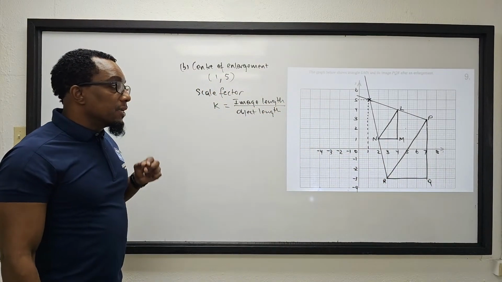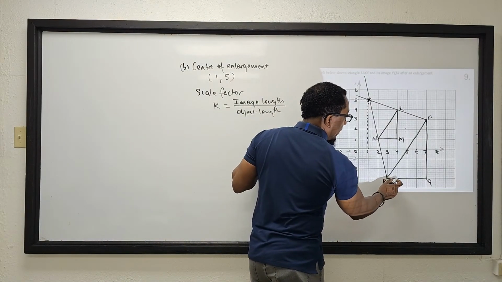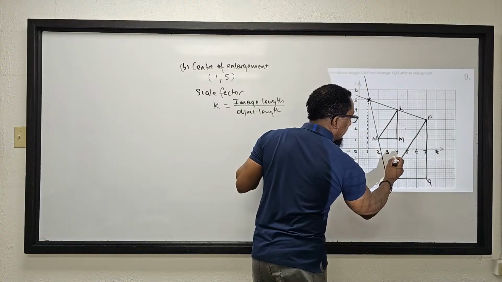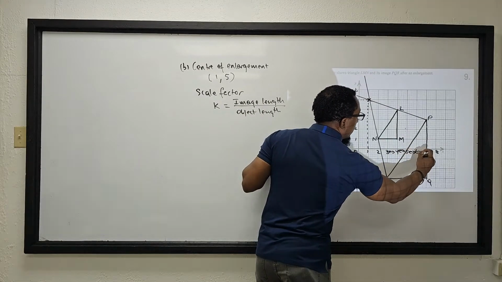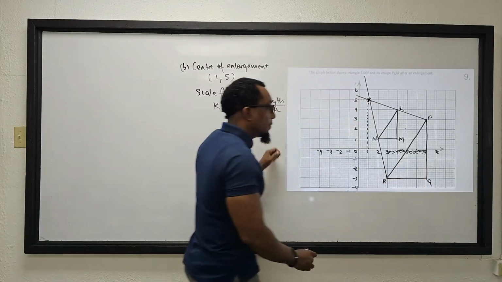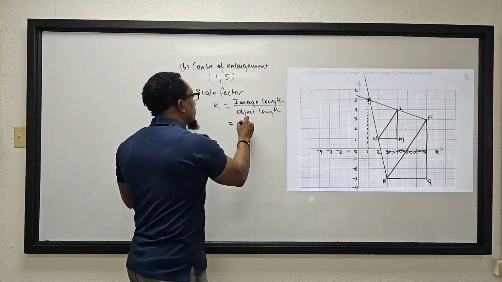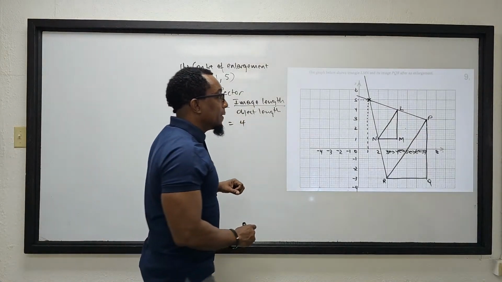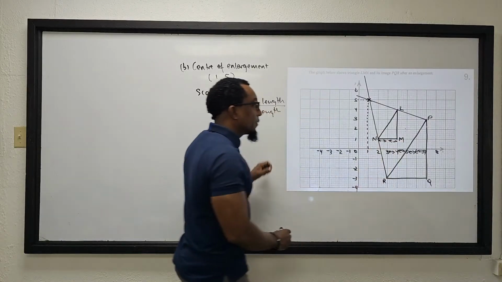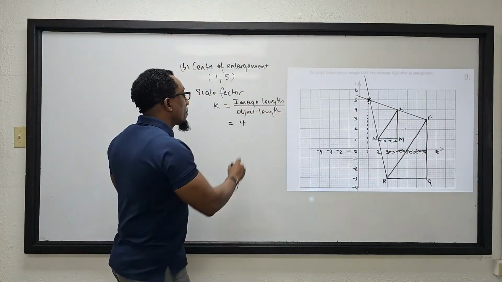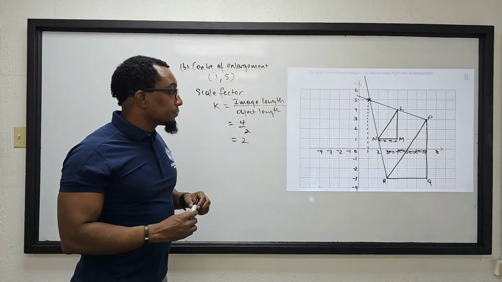We can take the distance from R to Q. How many units do we have there? 1, 2, 3, 4 units from R to Q, or you can subtract 3 from 7, which is 4. And NM is 1, 2 units, or subtract 2 from 4, which is 2. So the scale factor here is 2.